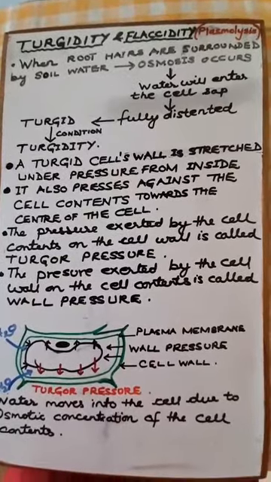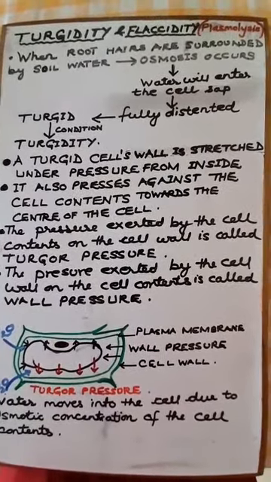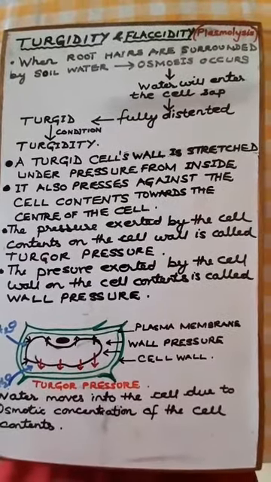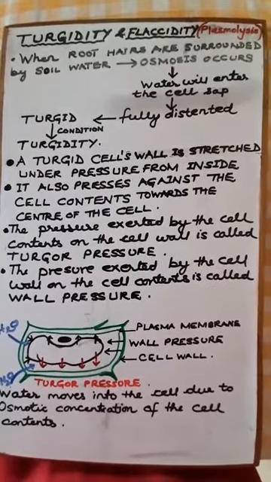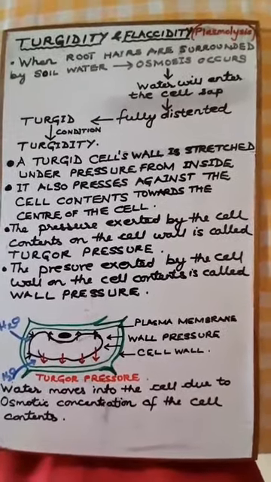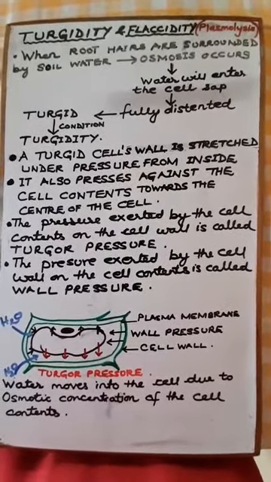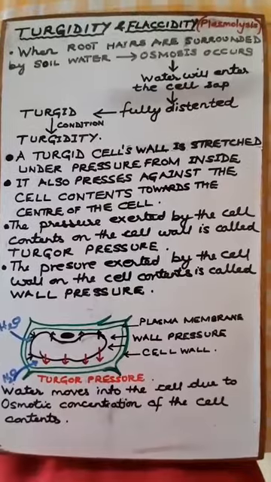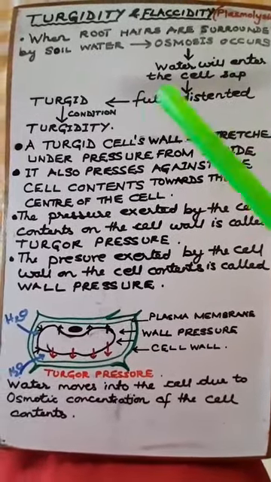Turgidity and flaccidity. When root hairs are surrounded by soil water, see, the root is surrounded by soil water, osmosis occurs, and that's how water enters the cell sap. Inside the root it enters and the cell becomes fully tight, and that condition is known as turgid.